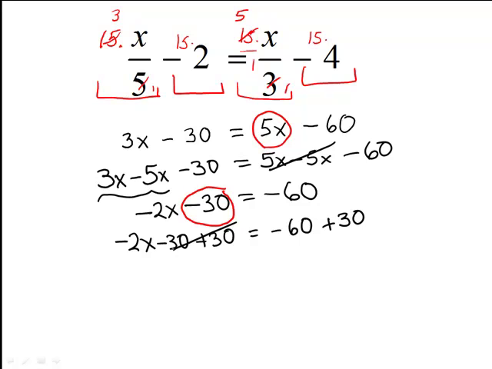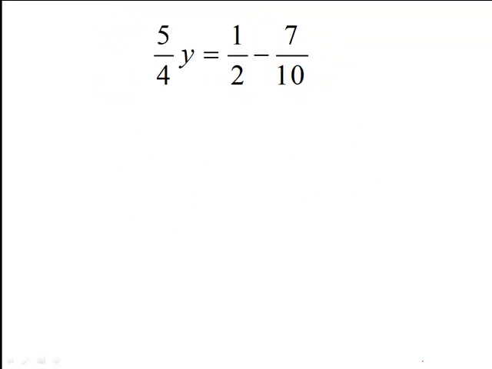And on the left, our minus 30 cancels to leave us negative 2x. On the right-hand side, watch your signs. You have different signs, so subtract, sign of the larger. And now go back on the side with x, and we're going to divide out our negative 2. That leaves us x equals a positive 15.